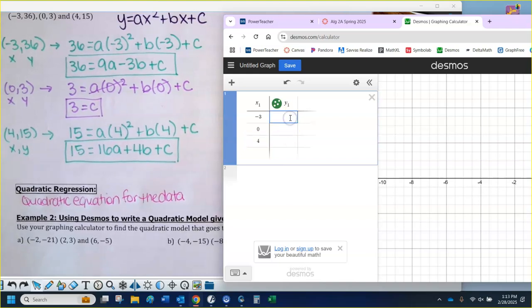And then just on the other side of the table, we're just going to type the y coordinates. So I'm going to do 36, 3, and 15. All right. Anybody not seeing the table or having a problem with that? Okay, I'll come look at it. When you're done typing in those points, what we're going to do is run a quadratic regression and have the computer just do it for us.